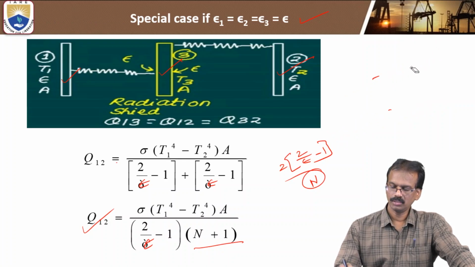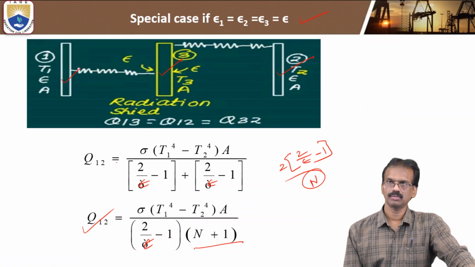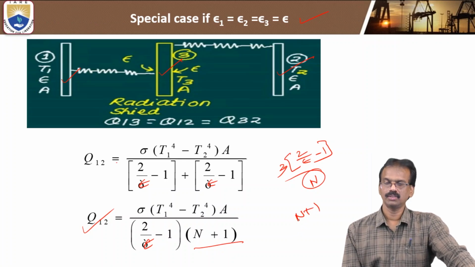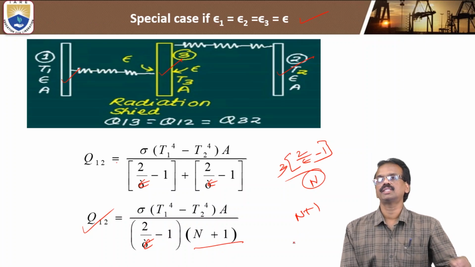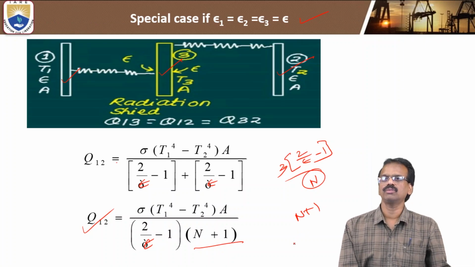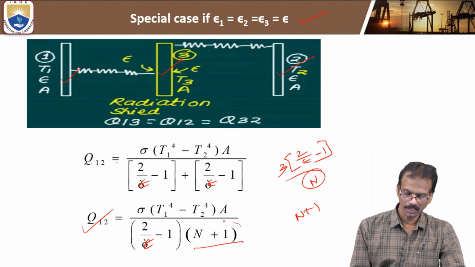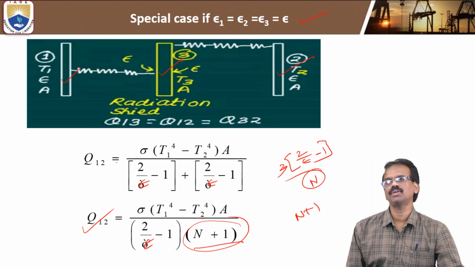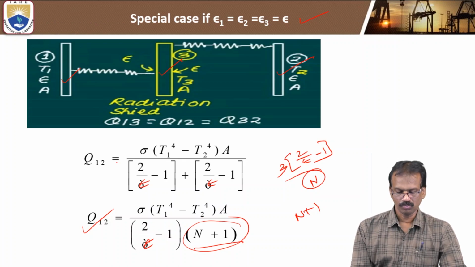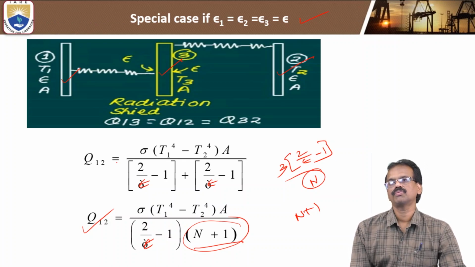So if you consider one shield, this is the formula. For two shields, the factor is 3 because n plus 1: if n is equal to 2, then 2 plus 1 is 3. If you consider 3 shields, it means 4 into. So the formula will be like this. Q12 is equal to sigma A, T1 to the power of 4 minus T2 to the power of 4.